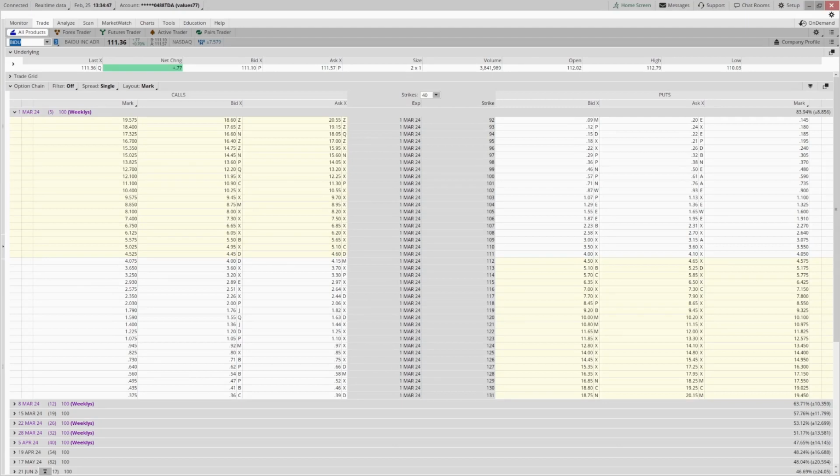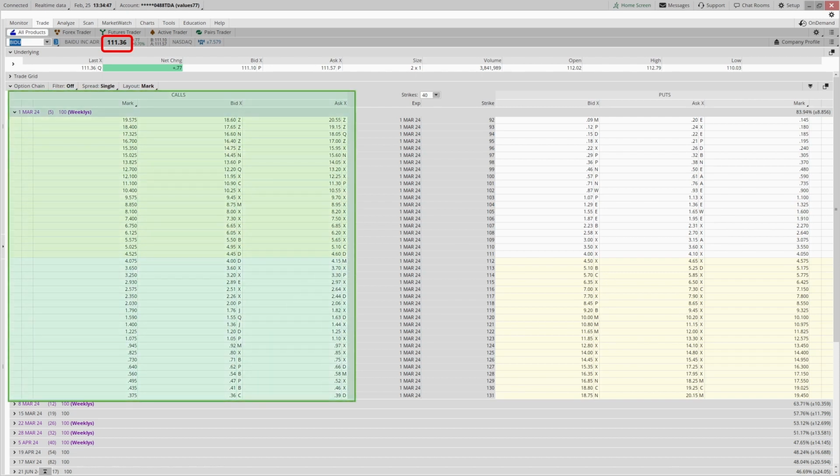Now, talking about that part with the strike, the extrinsic value is determined on the option's value whenever it's not at the expiration date or not past the expiration date and not beyond the strike. Let me show you what I mean by that. So right now, the current share price on that red circle is $111.36.